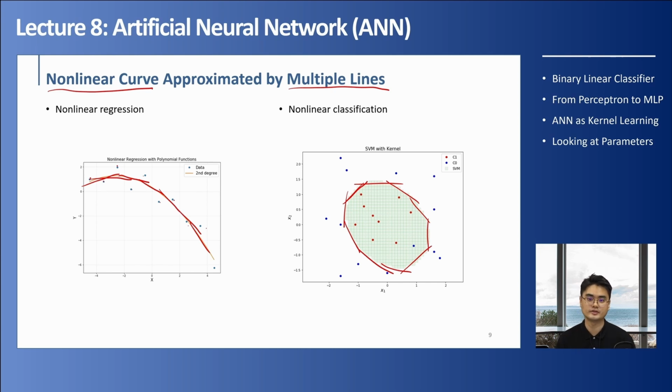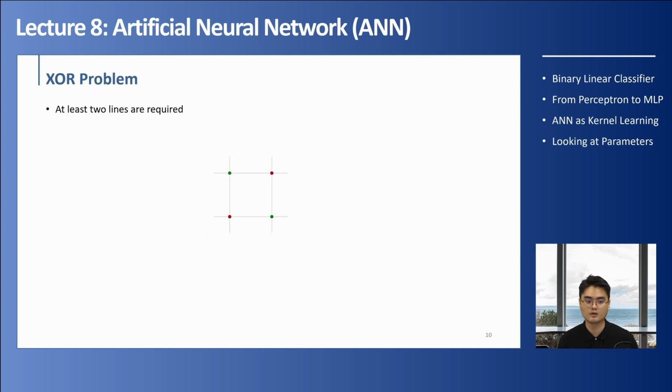And in these cases, which occur frequently in practice, we need to have multiple classification boundaries, or we need to somehow create a very good model that can approximate these nonlinear curves. And we can do this by using multilayer perceptrons. So to explain this in more detail, let's go back to our XOR problem.